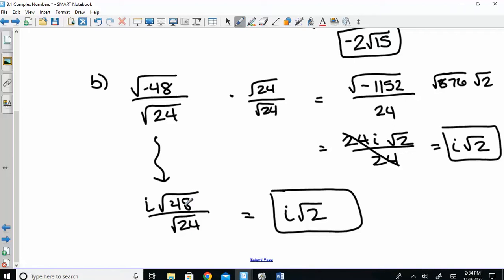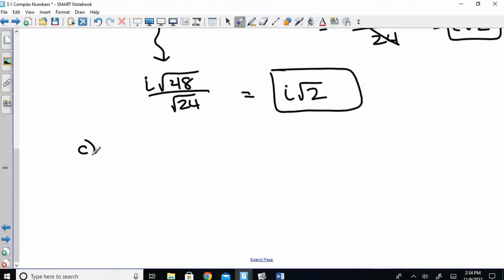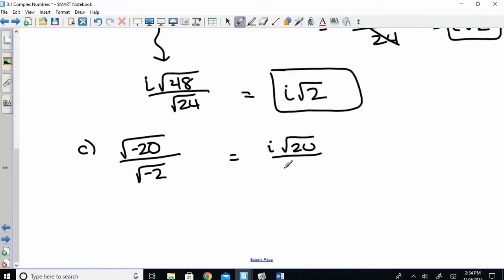All right, so the other question was, what happens if we have negative on both the top and the bottom? Let's do it both ways. If you took out the i's, they cancel. 20 divided by 2 is 10, and it's still under the radical, and it doesn't reduce.